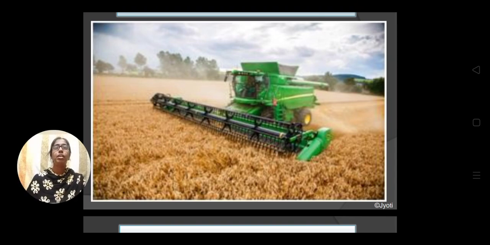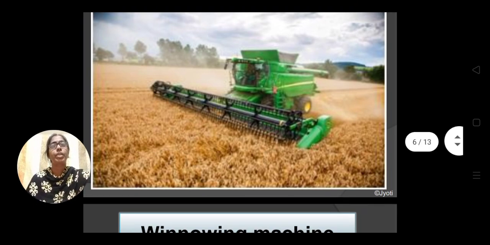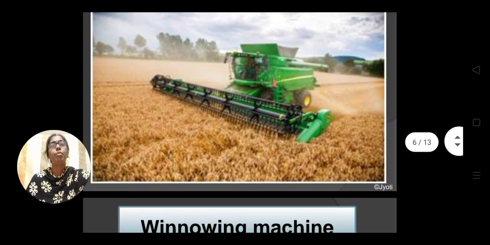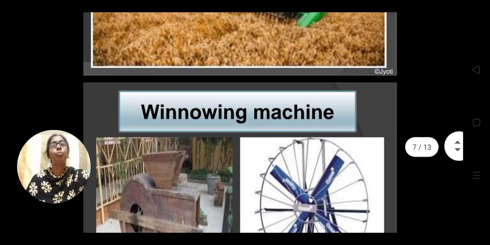Harvesting means the crop is cut, and threshing means removal of seeds from the chaff. So both the functions are done by this instrument, or you can say the machine. Okay, and this makes the process easier. And after removing the seeds from the chaff, the next step is winnowing.